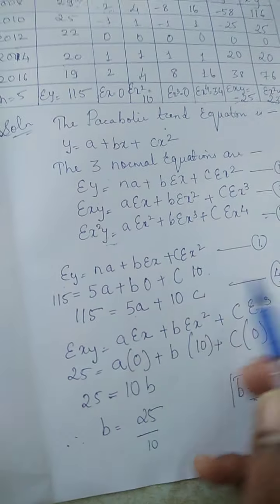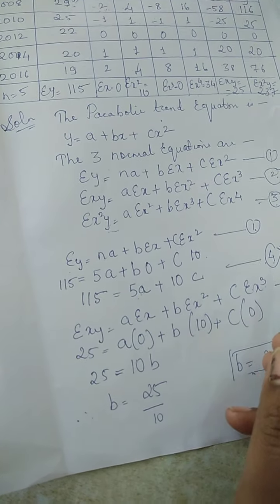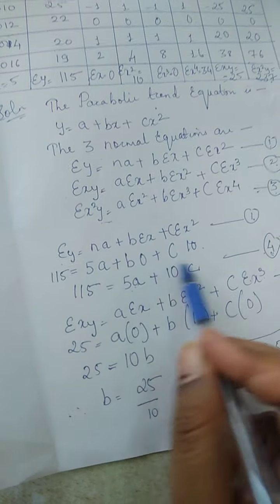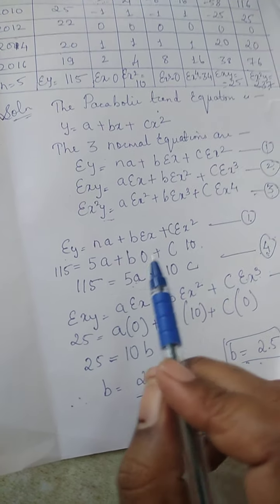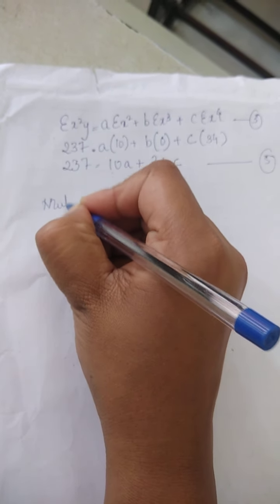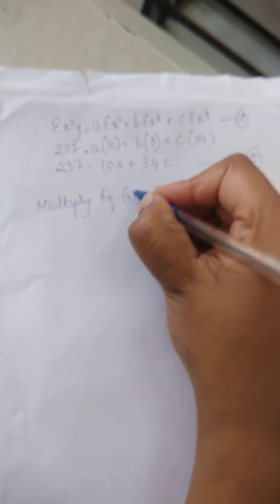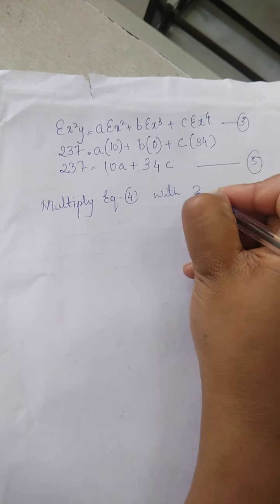Okay, now see here it is 10a and there it is 5a in equation 4. So 5 times how much is 10? 5 twos are 10. Therefore you have to multiply equation 4 with 2, because to cancel 10a you have to multiply 5 by 2. Okay, so next, multiply equation number 4 with 2.